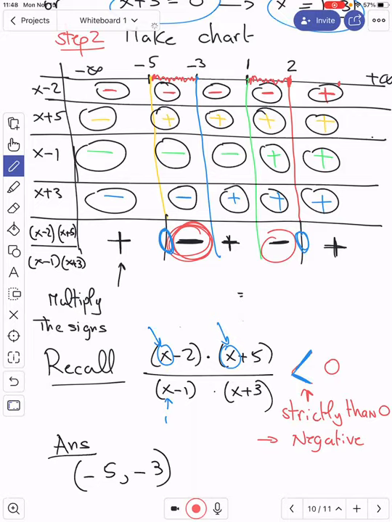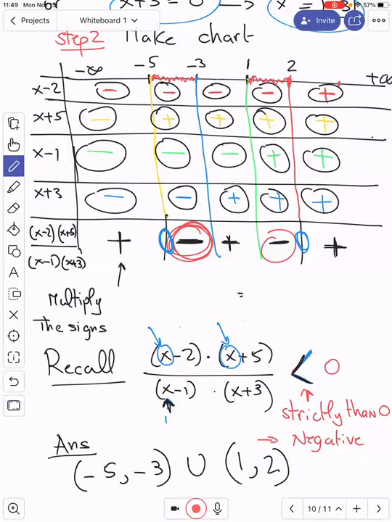Union, second interval from 1 to 2. Again, for 1 the denominator is going to be 0, so 1 is excluded anyway, and +2 is excluded because it's strictly less than 0. So my x cannot be equal to 2. All right, so that would be the answer.